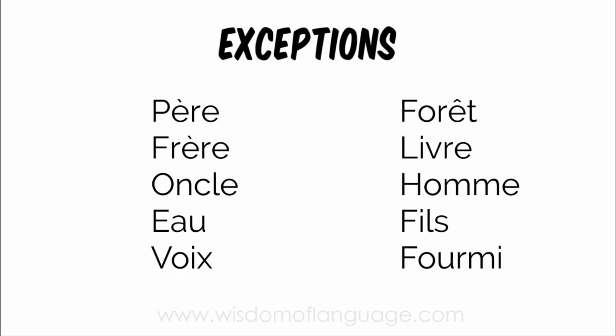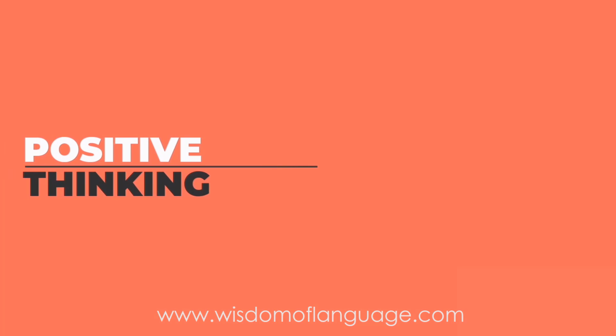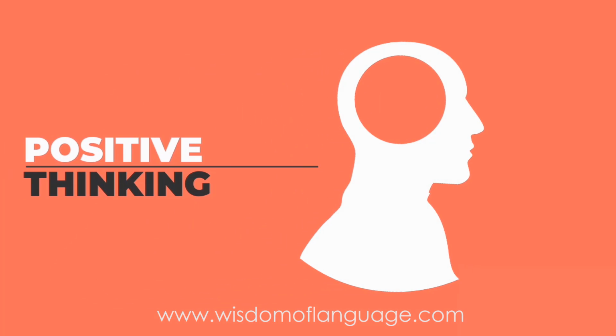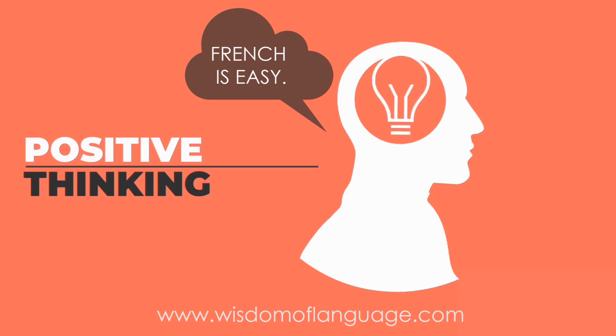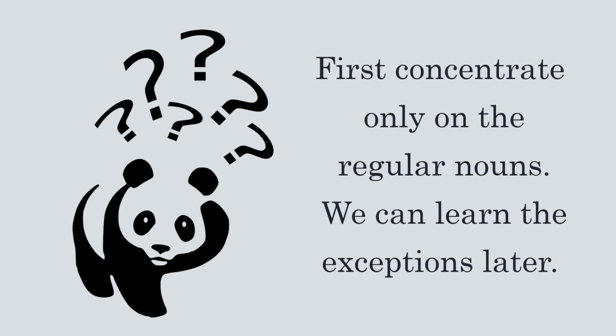So I would suggest you not to get too much into the exceptions since you're a beginner, because my way of learning is, whenever you think the language is difficult, you will find so many difficulties to learn the language. As of now, I would suggest you only go with the regular nouns that we already saw. Exceptions we can learn a little bit later, when you get a grasp of this language.